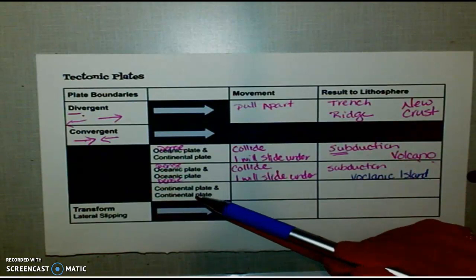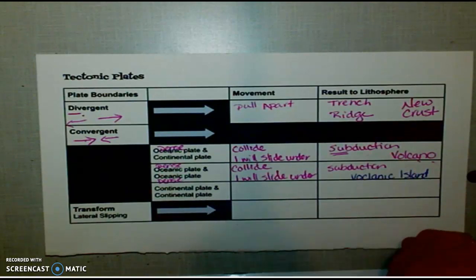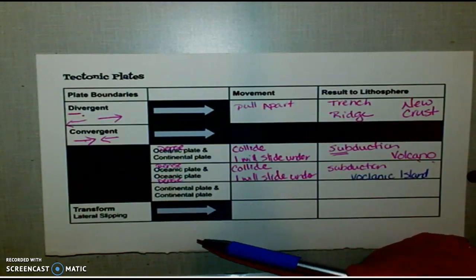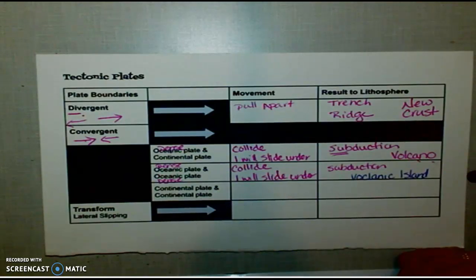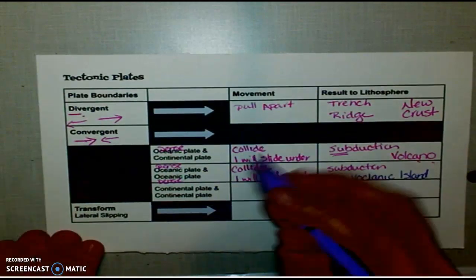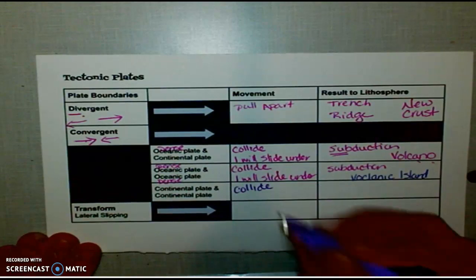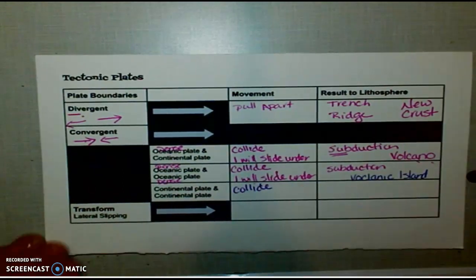Now I've got a continental plate and a continental plate coming together. These are two less dense plates. Think if you got two big old garbage trucks, and those big garbage trucks are totally empty, full of air, just air, and they come together, they're going to collide. But the one's not really going to go under the other.